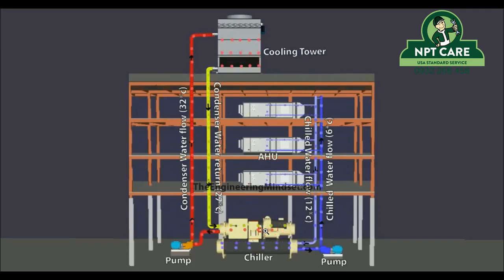And you may have more than one chiller. You usually have n+1, so the amount of chillers you need plus one more. If you're in a critical environment, you may even have +2 or +3, depends on what that building needs. But we won't go too much into the detail of that. Let's look at what's happening inside this device here.